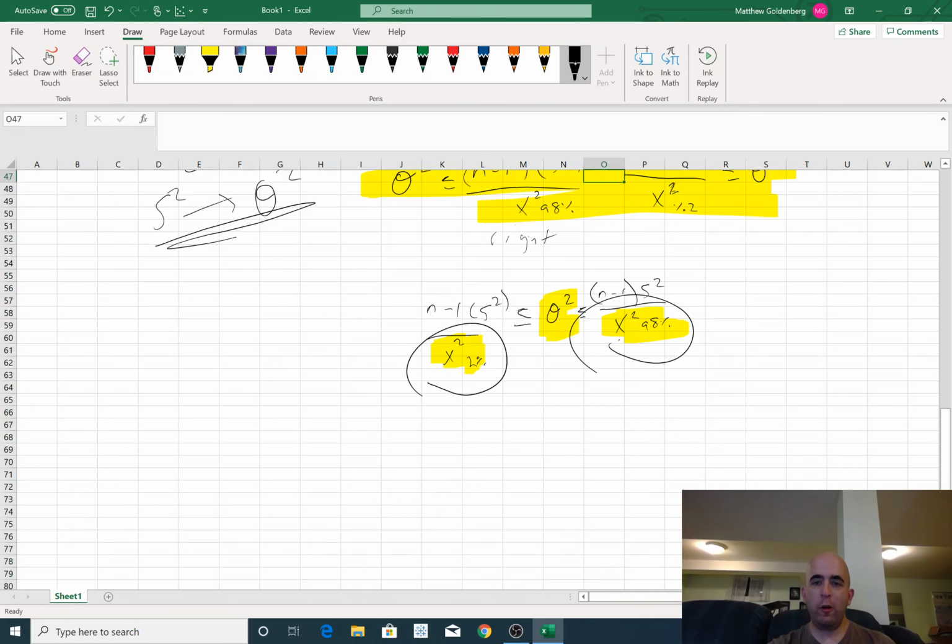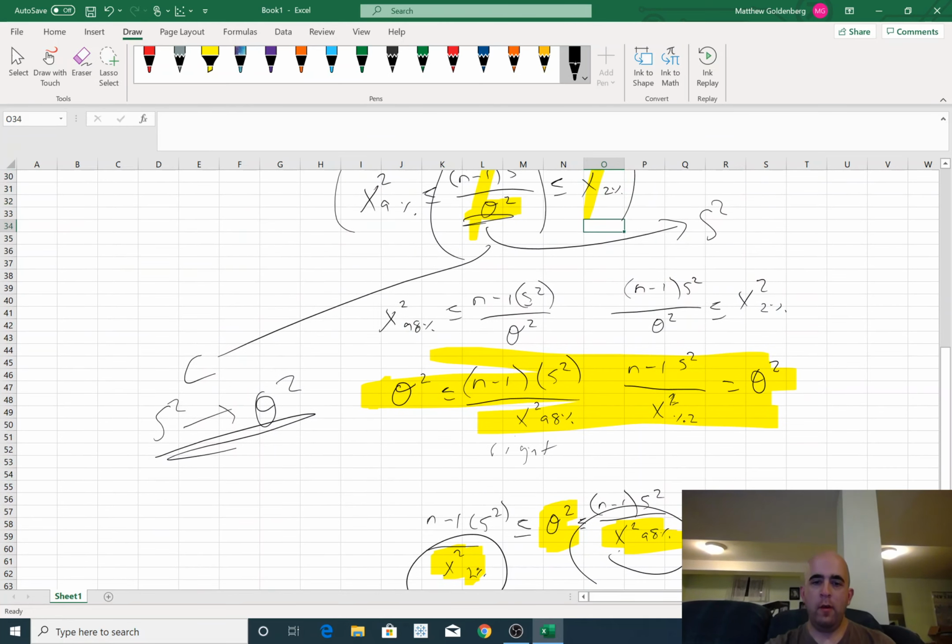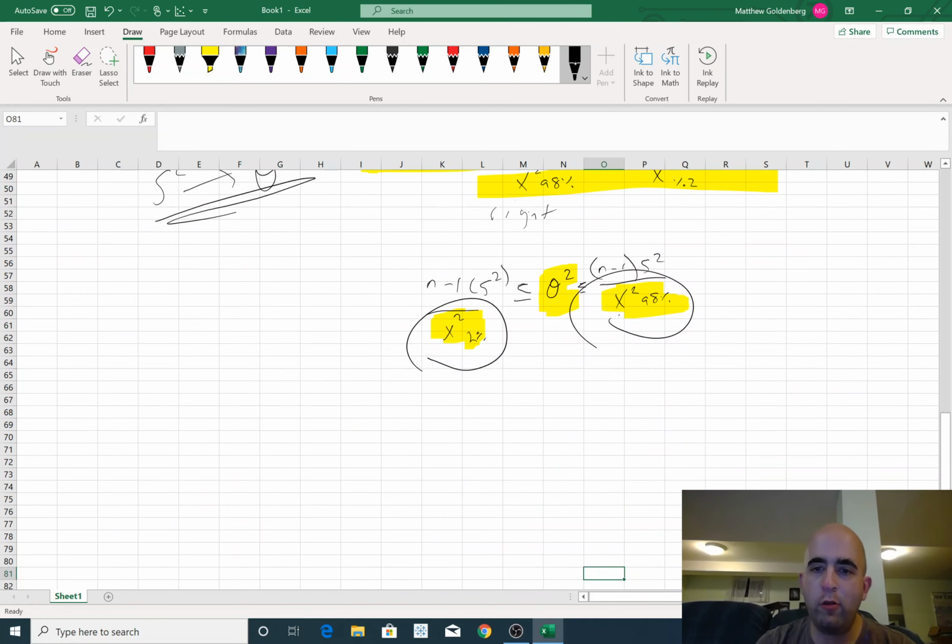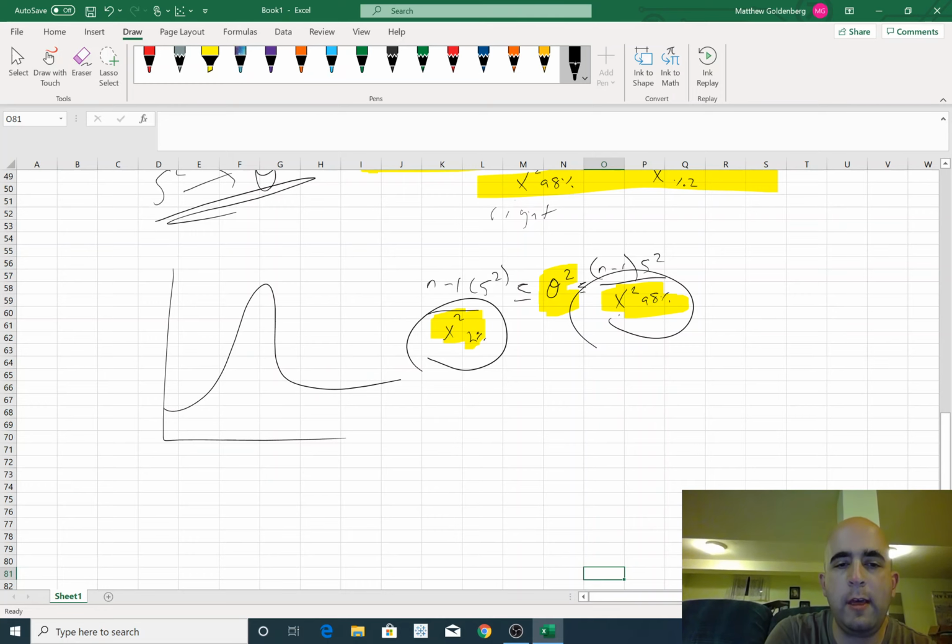That's the chi-square number where, yes, if we were to redraw those chi-square numbers, that 2% represents the chi-square number right there. And that 98% represents that chi-square number right there.